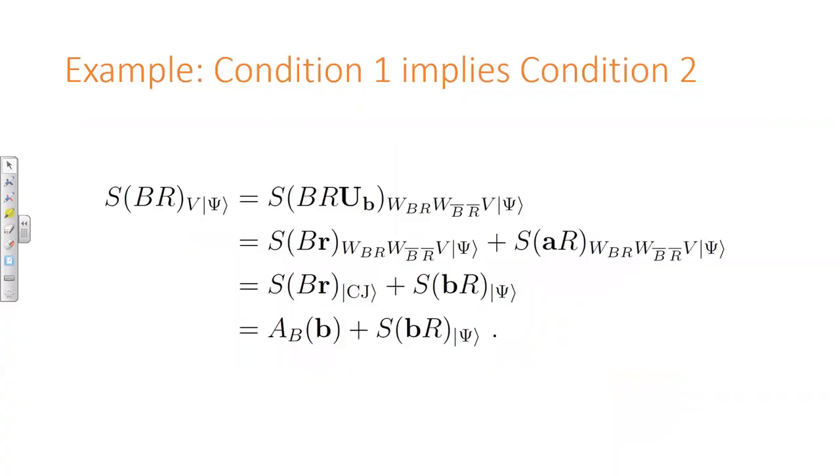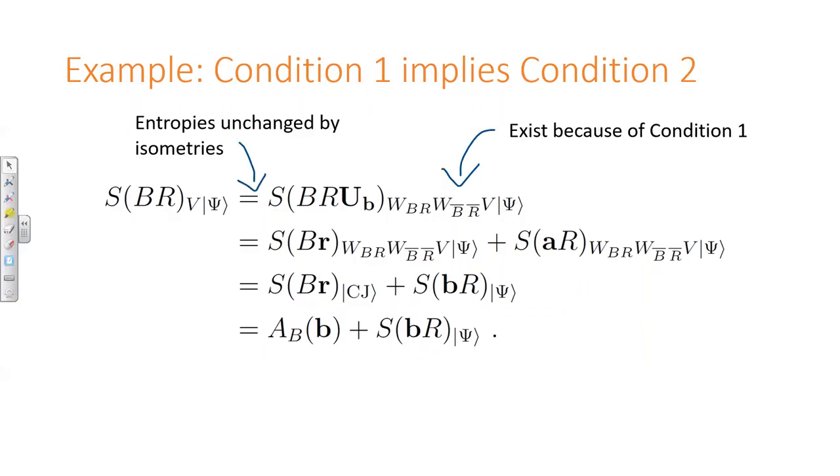So yeah, just to very quickly flash the proof of how condition one implies condition two. Don't worry too much about it. We know from condition one that these W_BR and W_B-bar exist. They're isometries, so they don't change the entanglement entropy. So that's that equality.